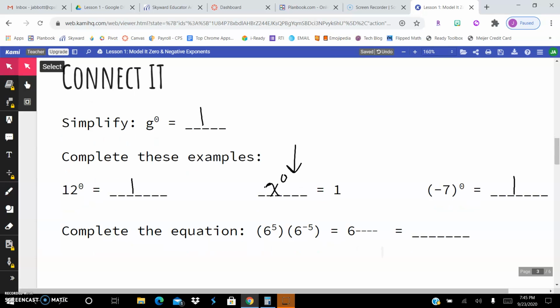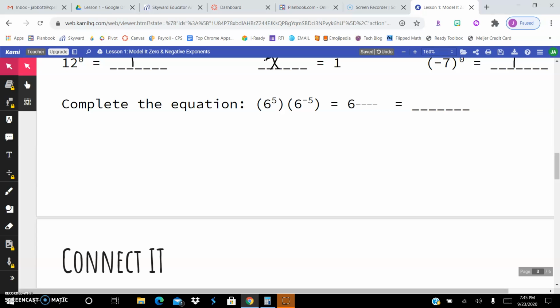Now we have to complete this equation. 6 to the 5th power times 6 to the negative 5th power. So our base is 6, and if we add the exponents together, 5 plus negative 5 is 0, and then we have 6 to the 0 power, so the answer is 1. So this simplifies down to 1.